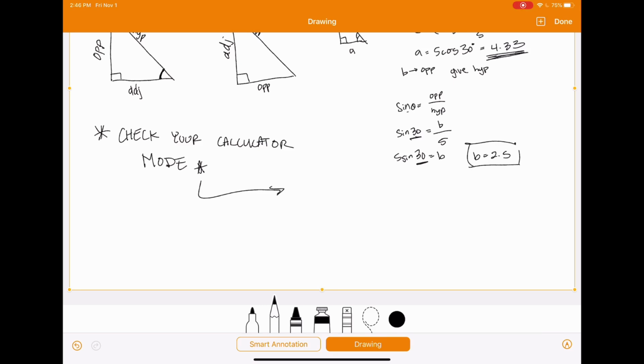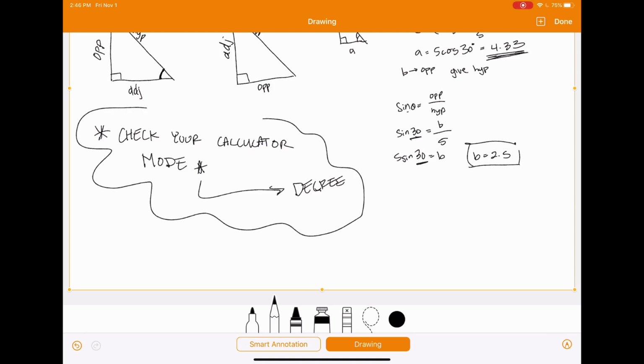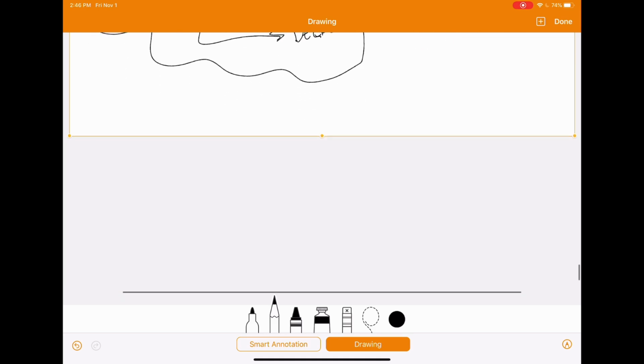So if you're using degrees, make sure it's in degree mode. If at any point you have to switch and use radians, switch it into radian mode and then switch it back to degree mode. Make sure you're constantly checking this, or at least be self-aware enough that when you get a weird answer, you're probably in the wrong mode. All right, super, super important.